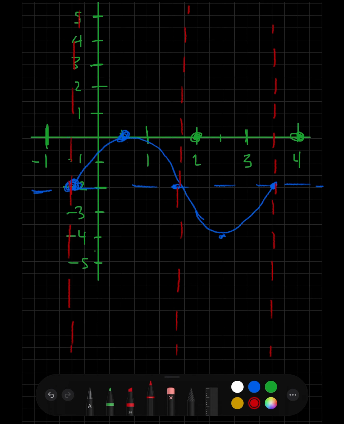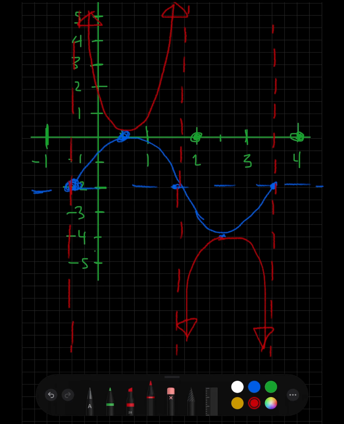And everywhere that I have a maximum or minimum value, that's where the U for my graph is glued. So it's trapped in between those asymptotes and glued to that blue graph right there. This graph in red is our target all along. And there you have it.